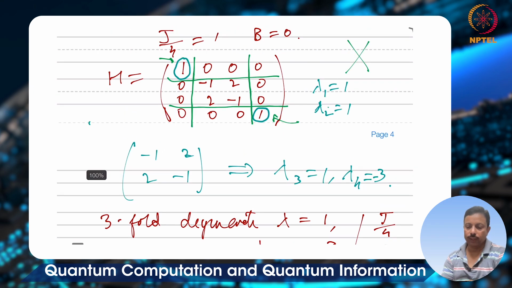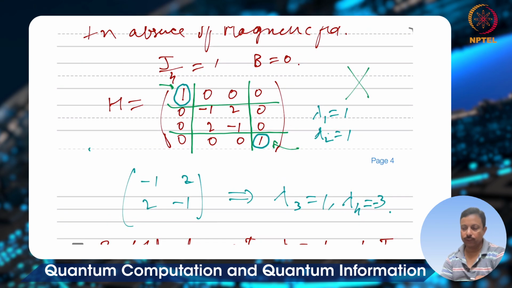Now just by looking at the matrix, if it is this, then the eigenvector is simply up, and if it is this, then the eigenvector is simply down.